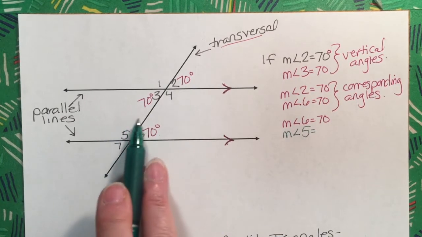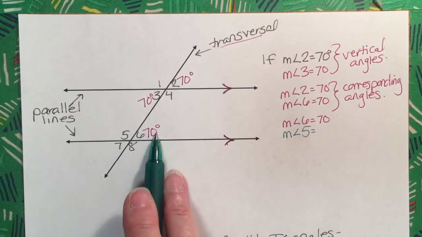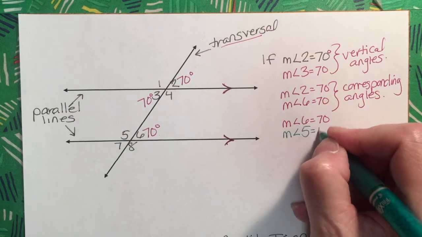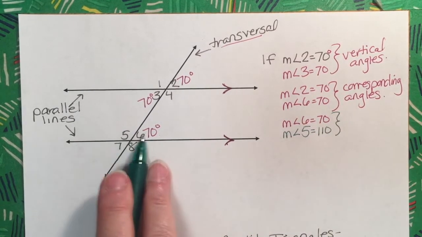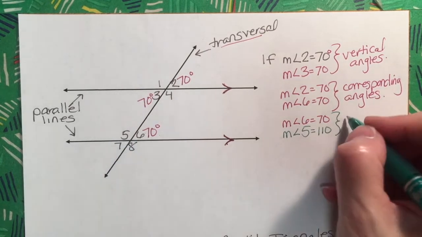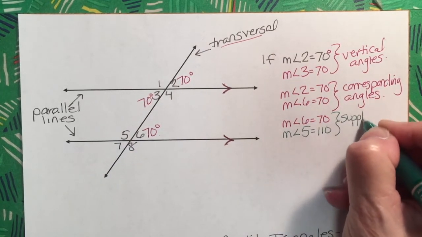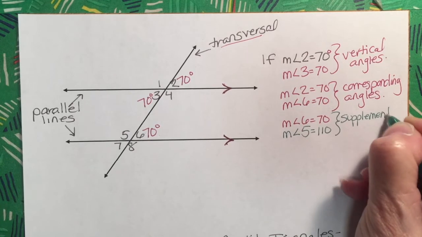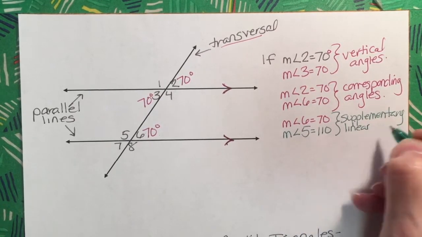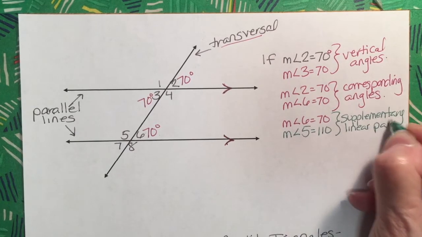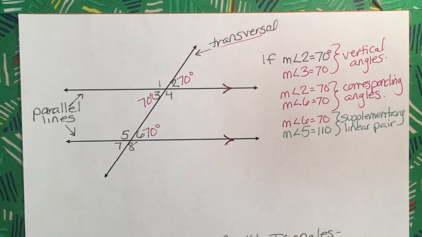They make 180 degrees. So if this is 70 degrees, angle 5 is 110 degrees. And angle 5 and 6 together form a supplementary pair. Sometimes it's called a linear pair because they fill in a straight line. Okay, so you'll see it written both ways.